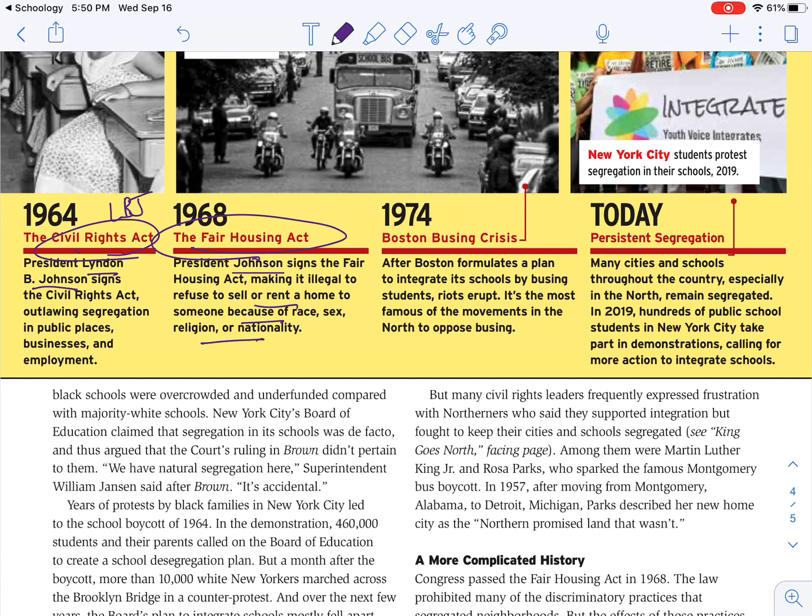In 74, after Boston formulates a plan to integrate schools by busing students, riots erupt. Okay, I'm wondering who rioted. Whites, blacks, city people, country folk, the students. It's the most famous of the movements in the North to oppose busing.